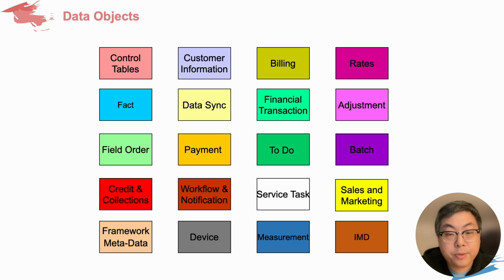This is a list of objects which I think you must be seeing in the system if you have worked on the product. So we talked through customer information, we talked through billing, and there's a rate object. The rate object is the rating engine, how the calculation rules are defined for the bills, and they are very flexible and powerful to allow complex billing in different ways.